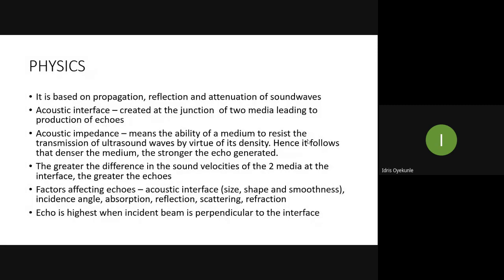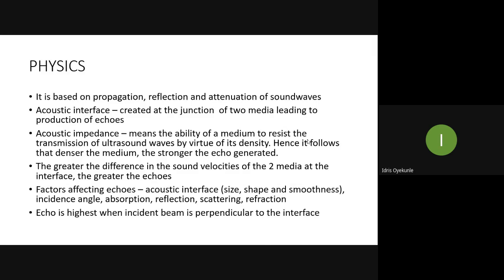And also, the greater the difference in the sound velocities of the two media at the interface, the greater the echo as well. There are quite a number of factors that affect the echoes, like the acoustic interfaces, for example, the size, the shape, and the smoothness.